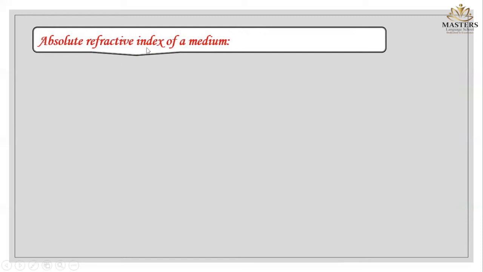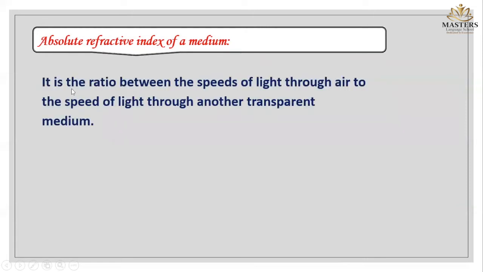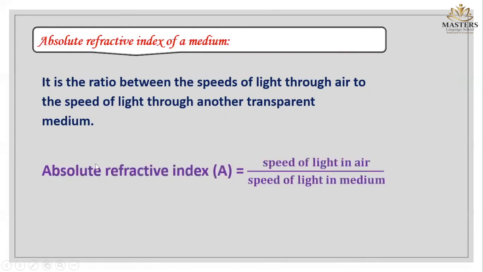What is the meaning of absolute refractive index of a medium? It is the ratio between the speed of light through air and the speed of light through another transparent medium.